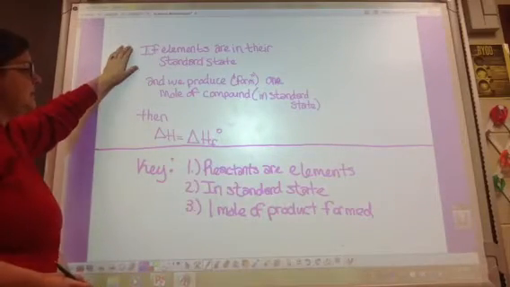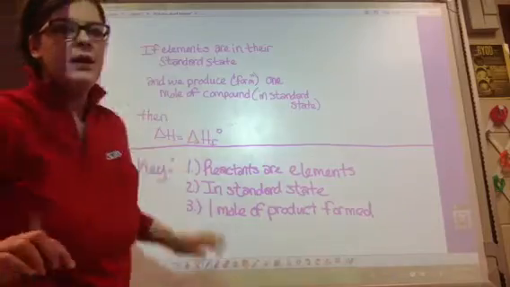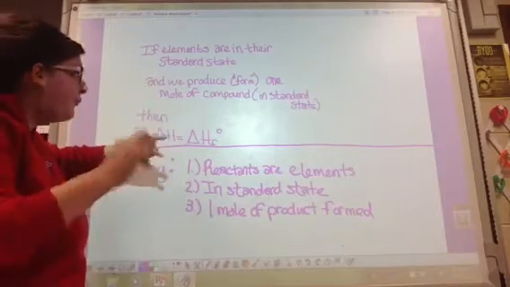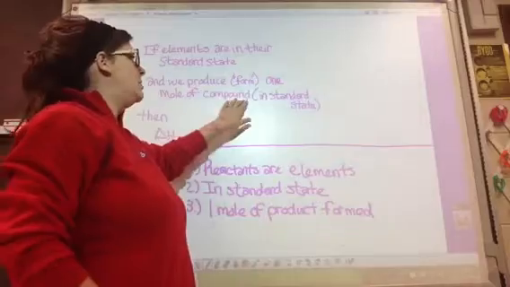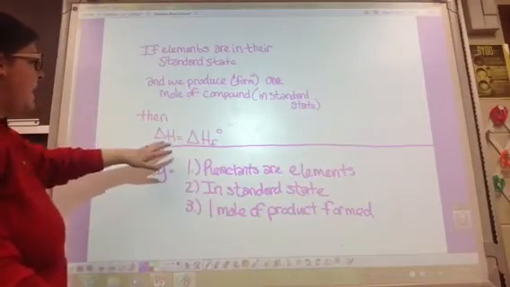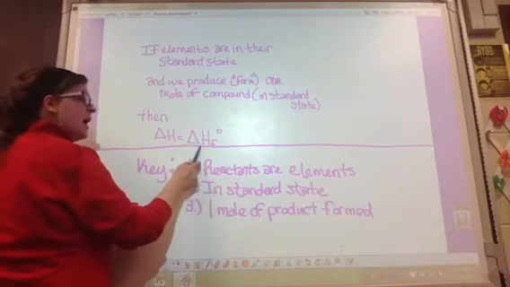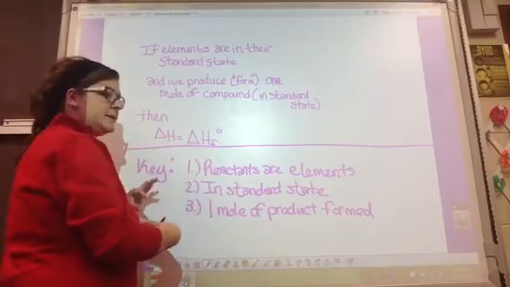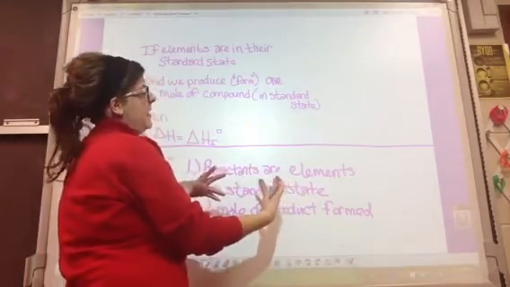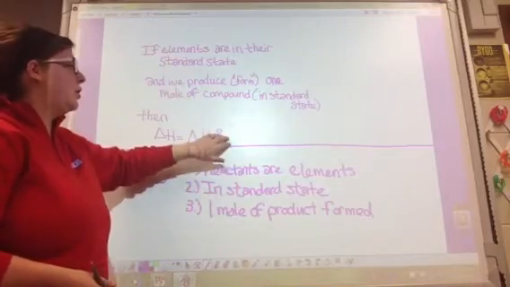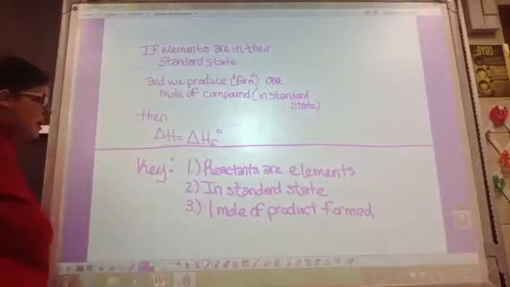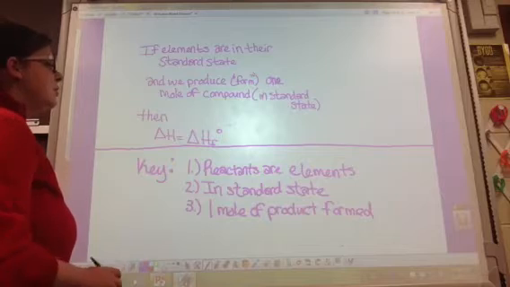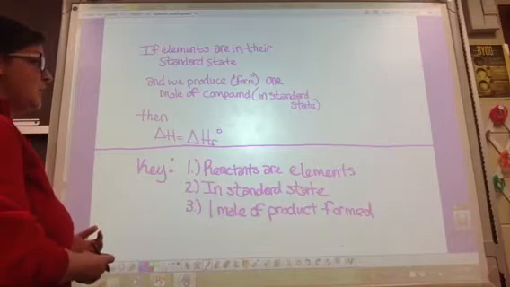Okay, so if elements are in their standard state, and if we produce or form 1 mole of a compound in its standard state, then I can say that my change in enthalpy is my enthalpy of formation, because I'm taking elements, I'm reacting them to form one product, and if they're in their standard states, then I can call that a standard enthalpy of formation. And we're going to look at a couple reactions here in just a second to determine if they're considered standard enthalpy of formation reactions or not.